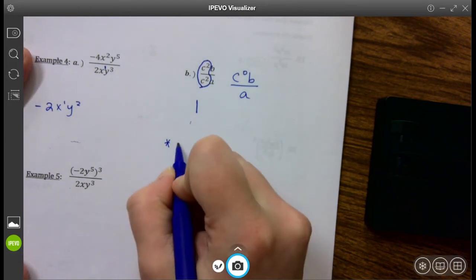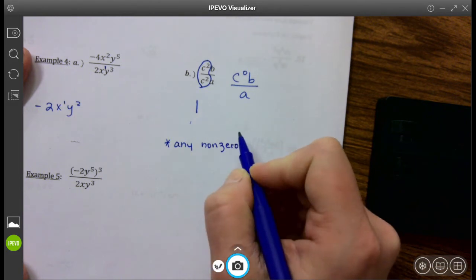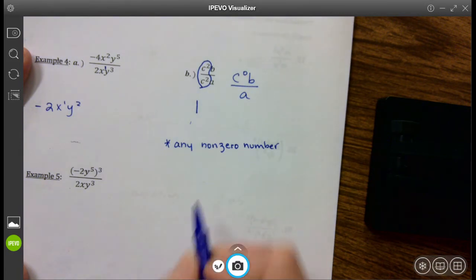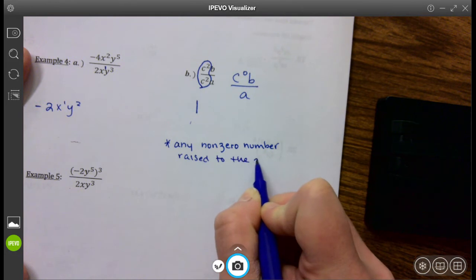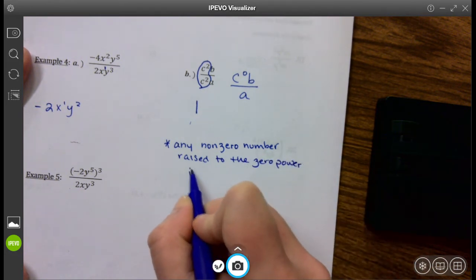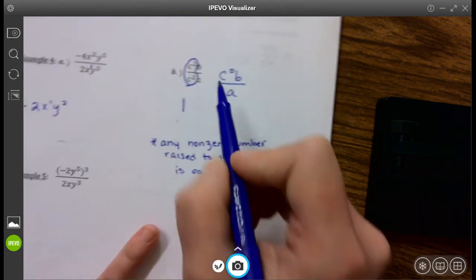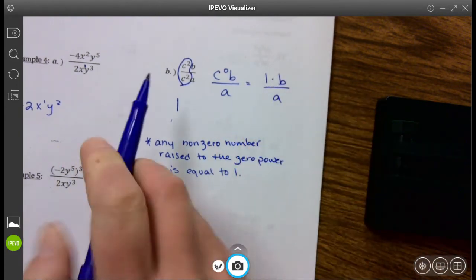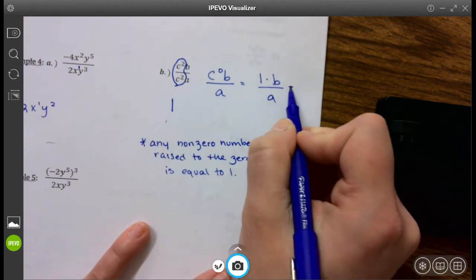Any non-zero number, that should be c, raised to the 0 power is equal to 1. So c to the 0 power, that's just a 1. Because think about it, c squared divided by c squared is 1. So your answer is B over A.